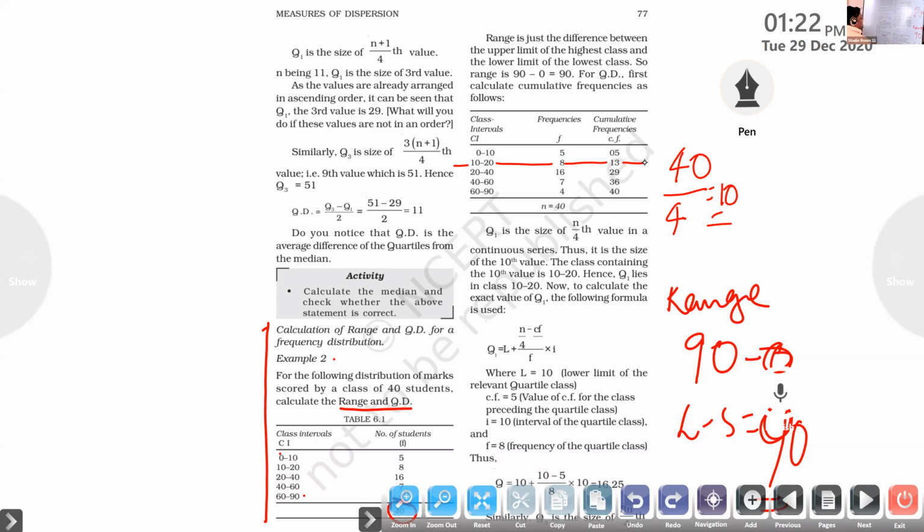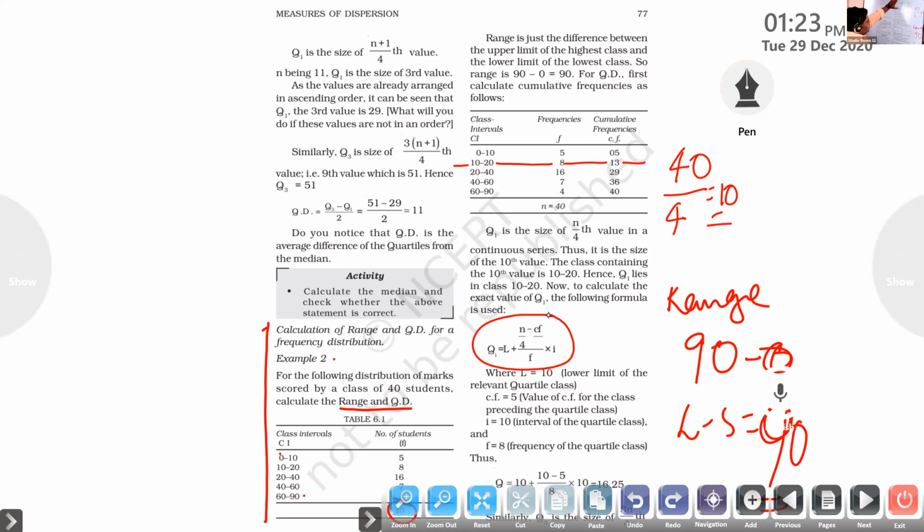Now, to calculate the exact value of Q1, the following formula is to be used. Q1 is equal to L plus N divided by 4 minus CF, the cumulative frequency, divided by F, into I. Here L is 10, the lower limit of the relevant quartile class.